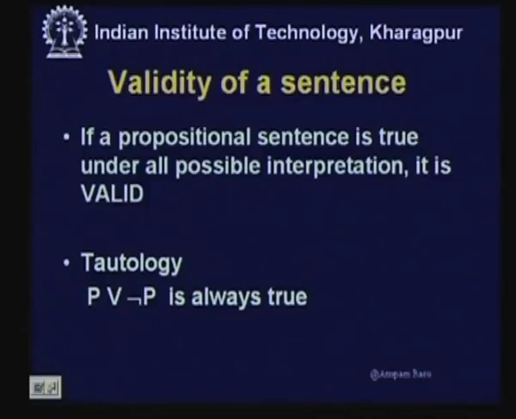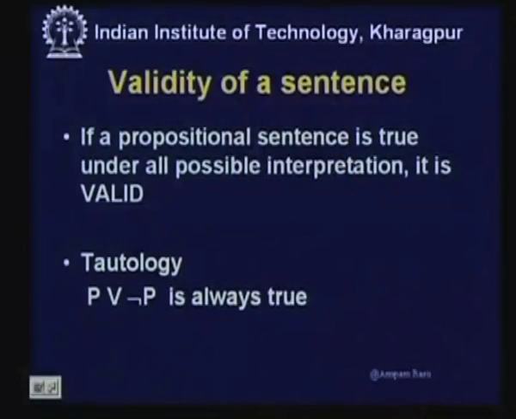So now what will happen if P is false? If P is false, then not P will be true. So any one of them will be true. Any one of them will ultimately be true always, irrespective of whatever P means. If P means Gita is intelligent, Sita is diligent, whatever interpretation you give, it does not really matter. P or not P will always be true for any particular interpretation you give in any particular world.